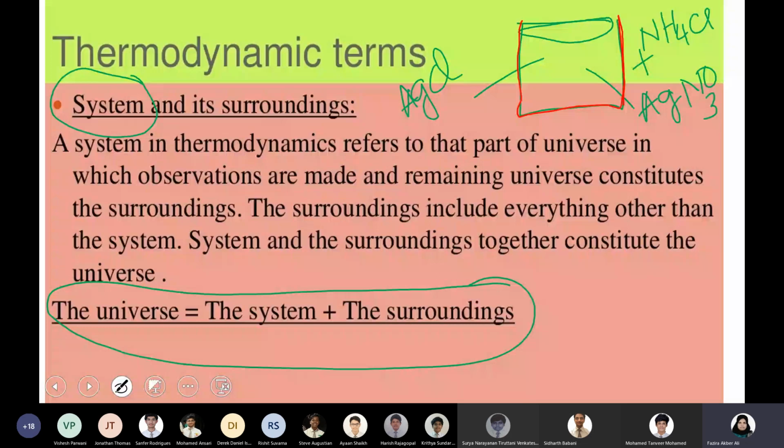In thermodynamics, from now onwards we will be using these terms very frequently, system and surroundings, to explain the energy changes during a chemical reaction. So system means the area in the universe where you are doing a chemical reaction or observing something, and everything else in the universe is surroundings.